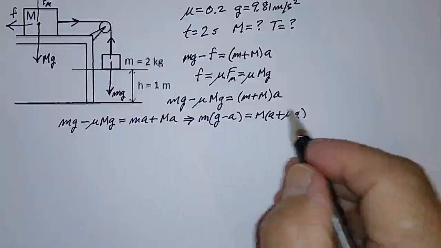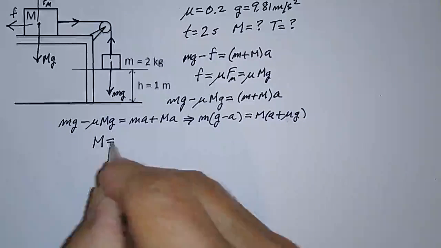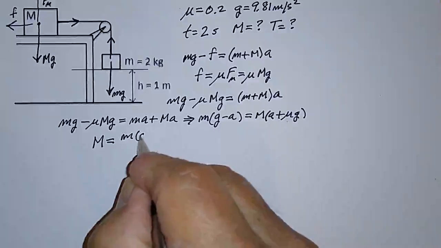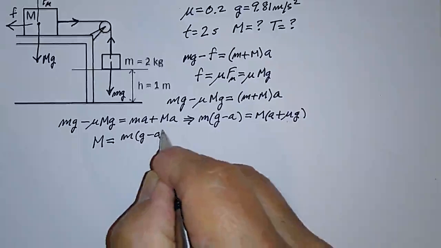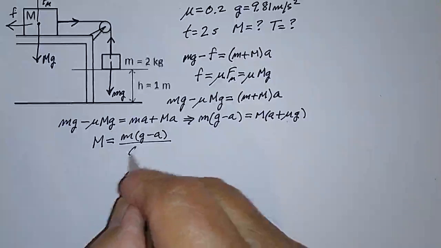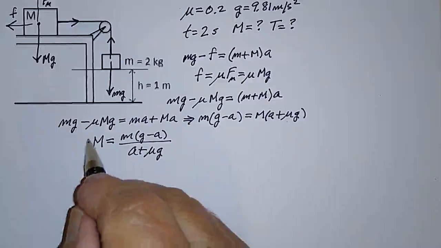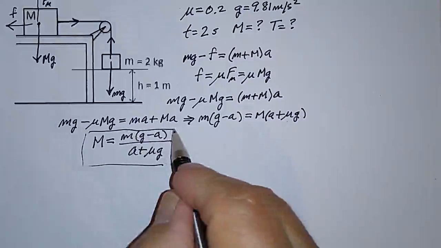And then if I divide both sides by this term, I get that big M is equal to little m times g minus a, divided by a plus mu times g. And that's how I'm going to find out what big M is.